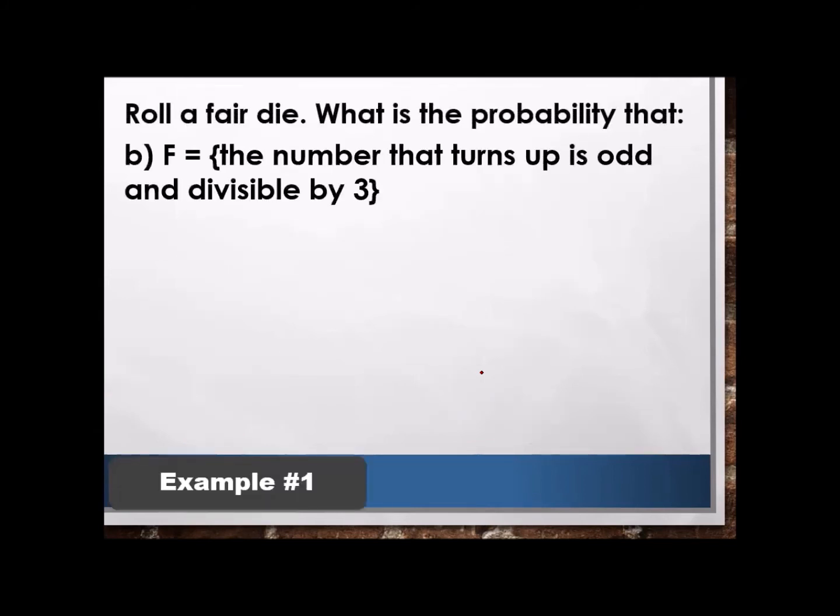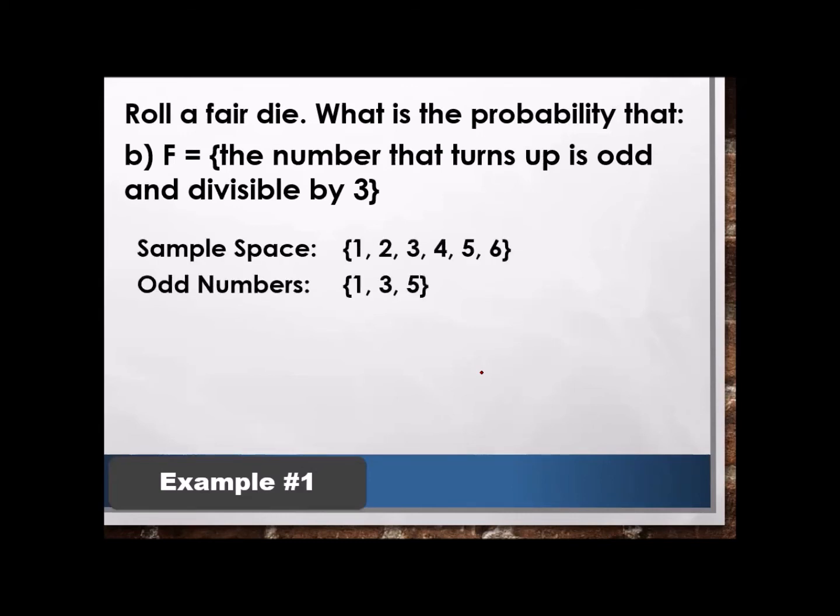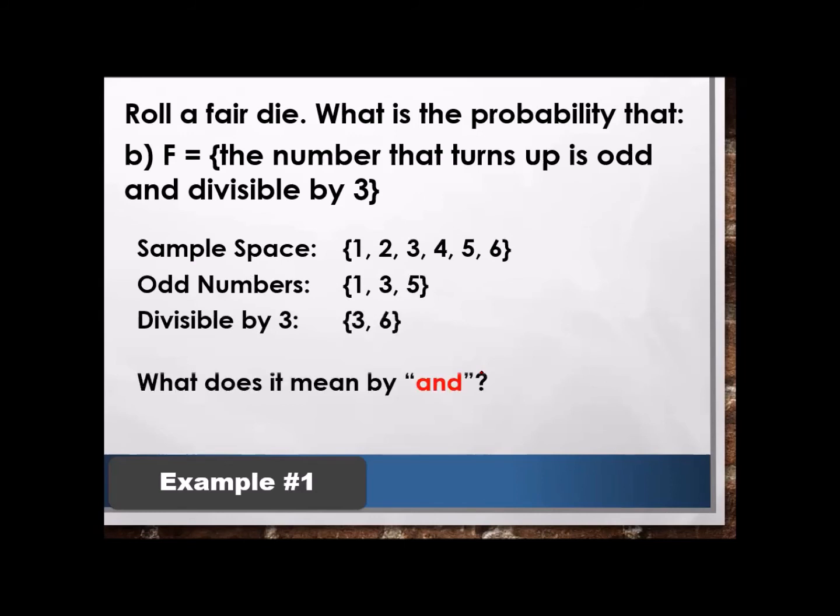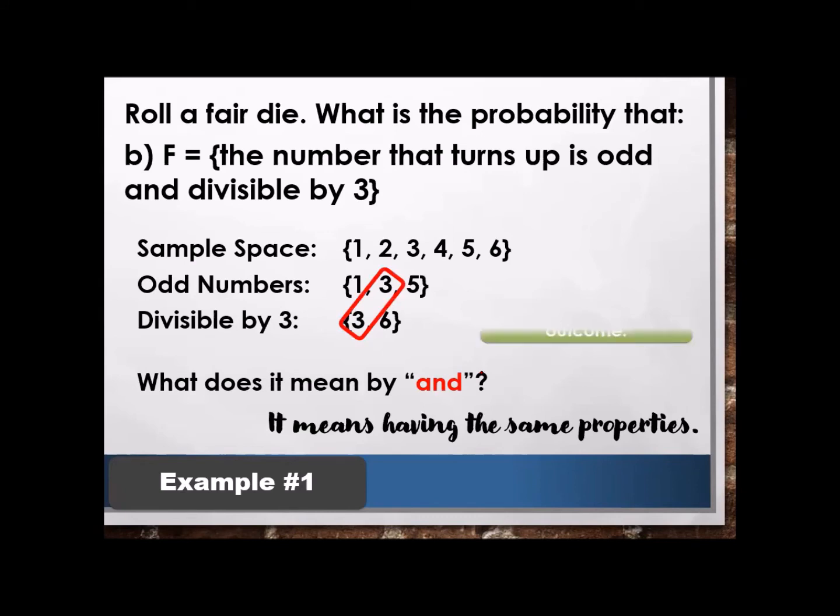Roll a fair die. What is the probability that the number turns up is odd and divisible by 3. So, almost common lang. Naiba lang, end. Okay? So, what does it mean by end? It means having the same properties. Katulad ng paulit-ulit kong binabanggit, yan yung intersection. So, ibig sabihin, yan lang yung ating favorable outcomes.